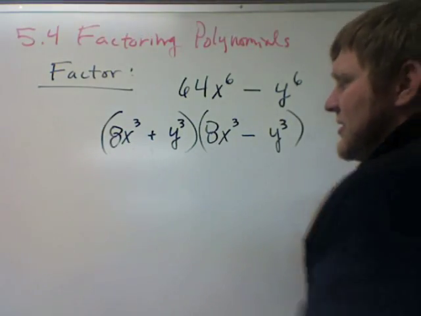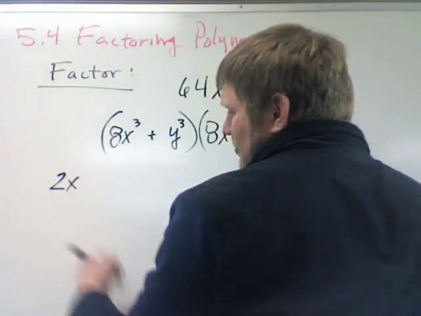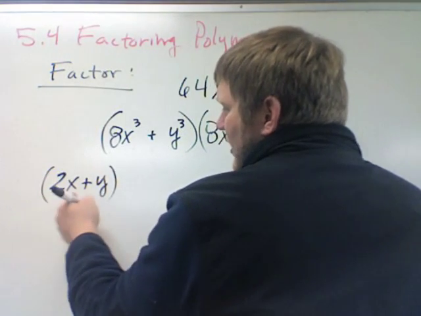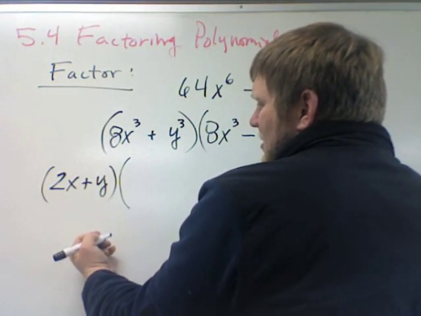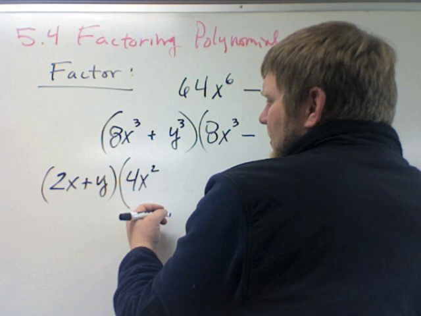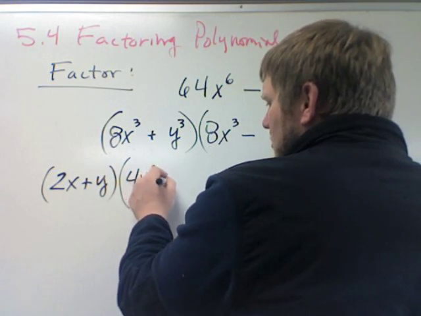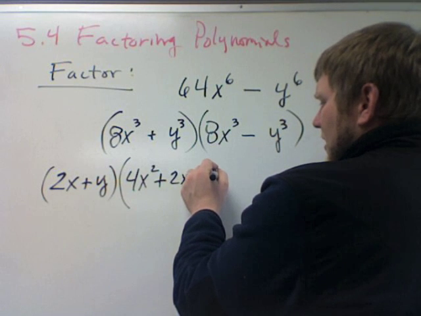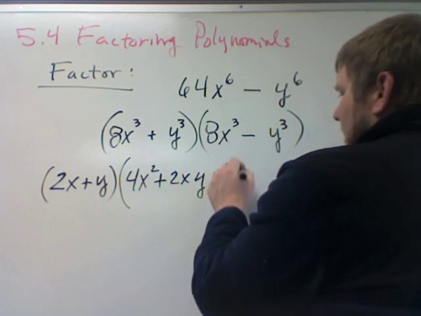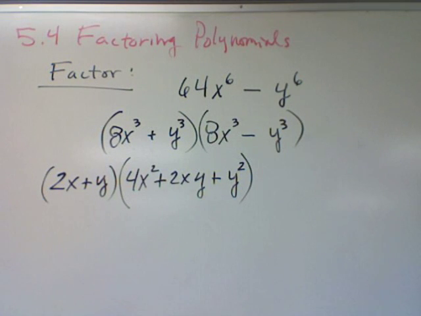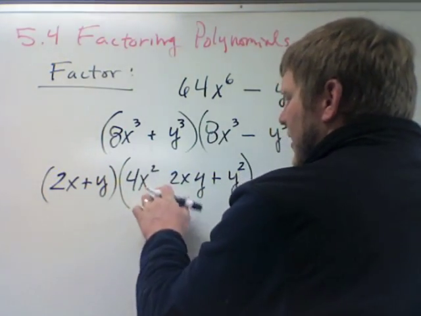And this is a pattern that we go by: 2x plus y times, I think I get 4x squared plus 2xy plus y squared. I'm going to double check. The only difference here is that this should be a minus right here.